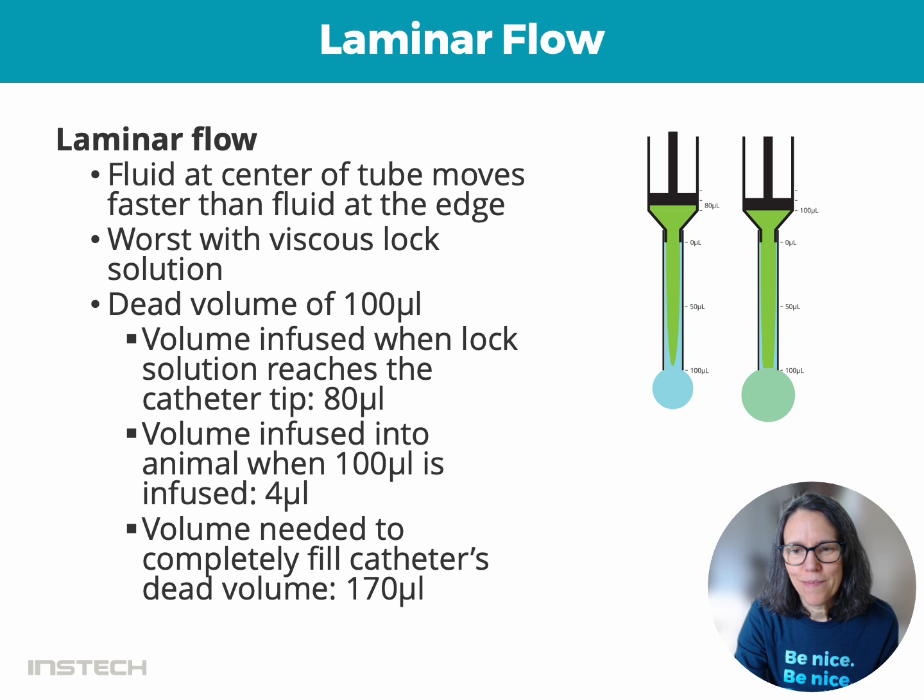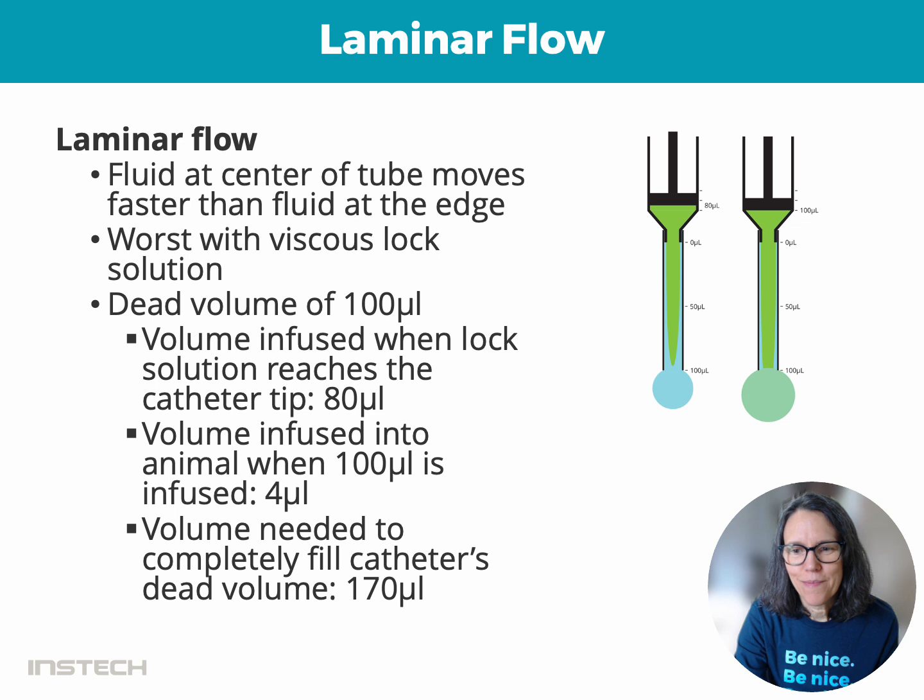The test here with a dead volume of 100 microliters was actually done with heparin glycerol, which is more viscous. So the volume infused when the lock solution reached the catheter tip with a 100 microliter dead volume was 80 microliters. So it already reaches the tip of your catheter with only 80 microliters infused. The volume that's infused into the animal when 100 microliters is infused is actually 4 microliters.